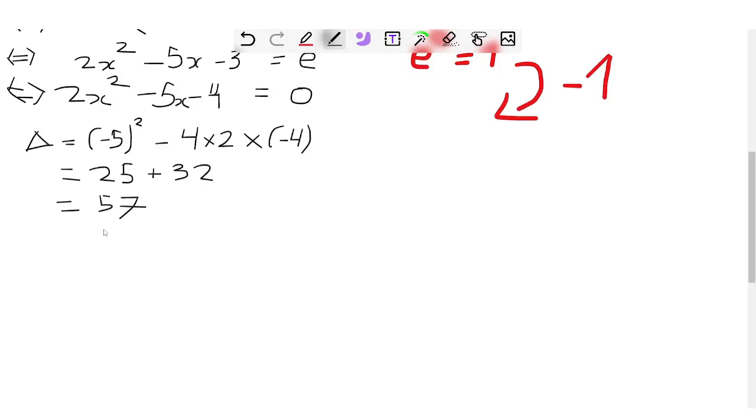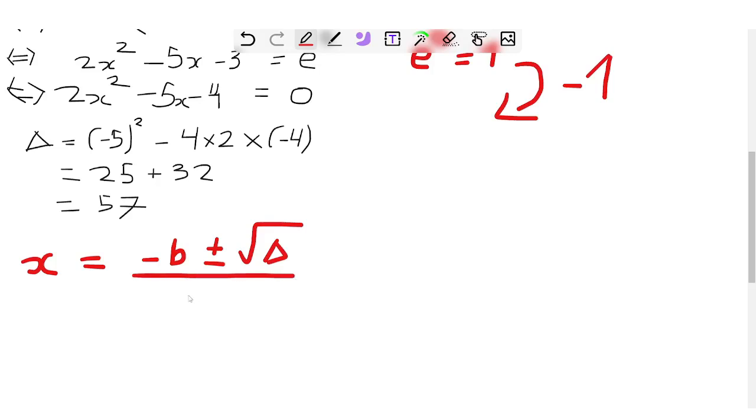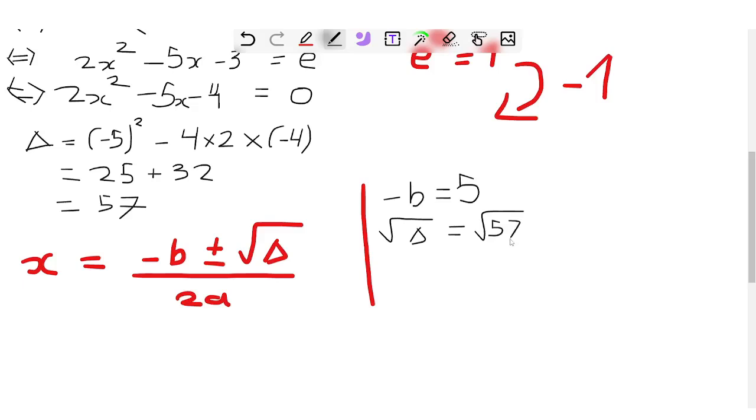So we can go ahead here and solve for x. We have x is equal to minus b plus or minus the square root of delta, the whole thing over 2a, after the quadratic formula, with our minus b here being equal to just 5, because again we have that double negative. Our square root of delta is just going to be the square root of 57, because we can't simplify 57 any further, and our 2a is going to be 2 times 2, or just 4.